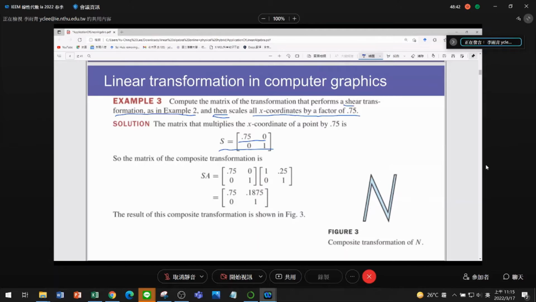We have 0.75 on the first row because that corresponds to the x coordinate. 第一个元素对应的是 x 的坐标轴。And then we again left multiply the S matrix on the A matrix.